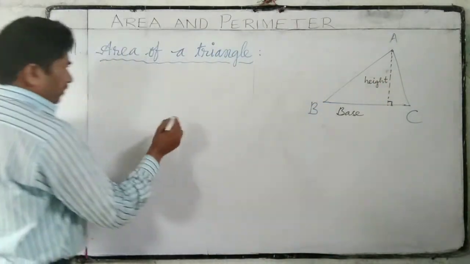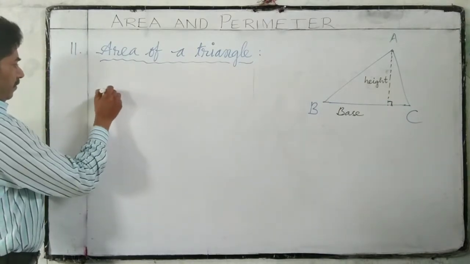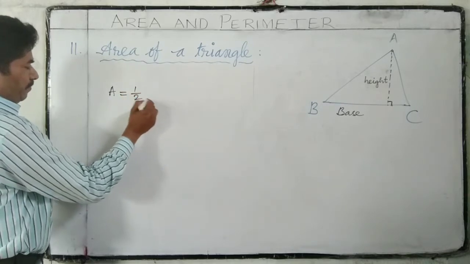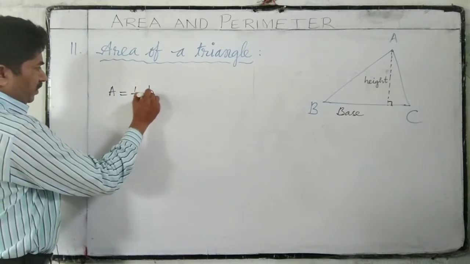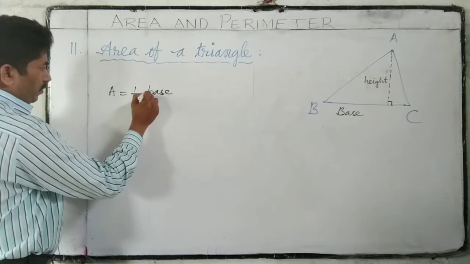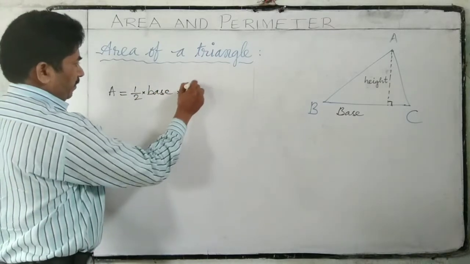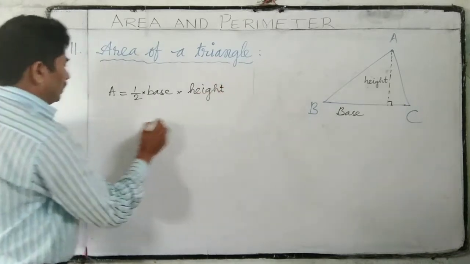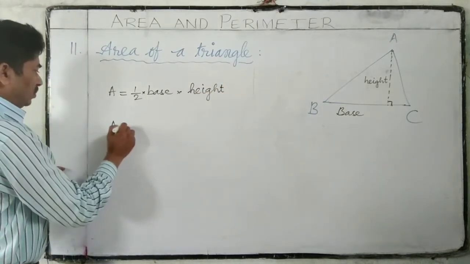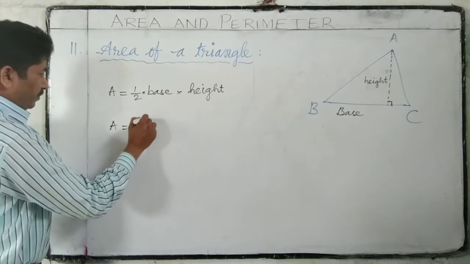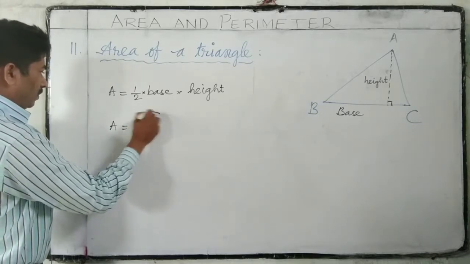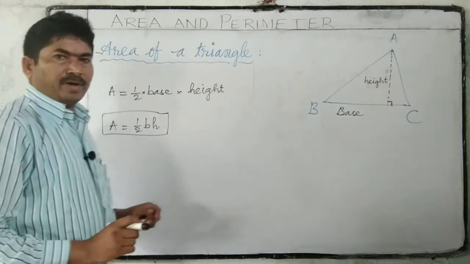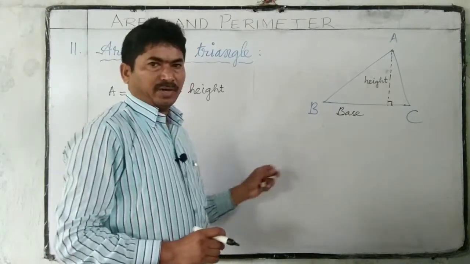So area of triangle A is equal to half of base into height. In short, A is equal to half BH. Using this formula, let us observe an example.